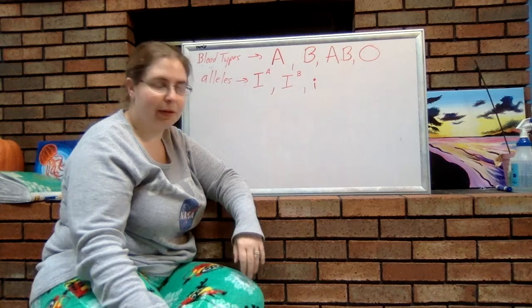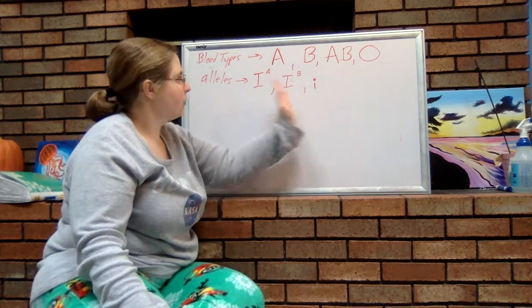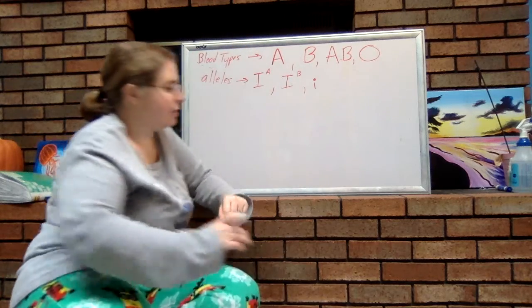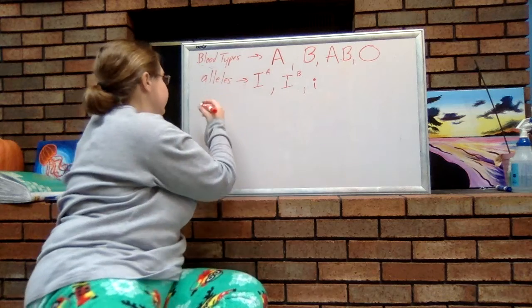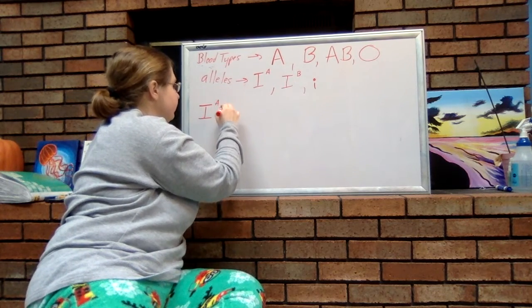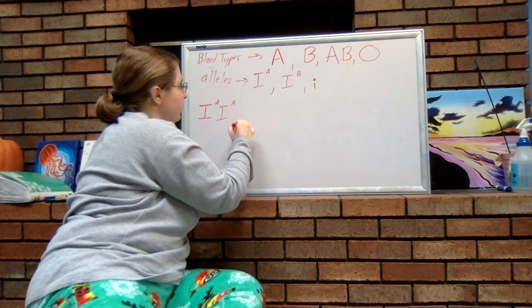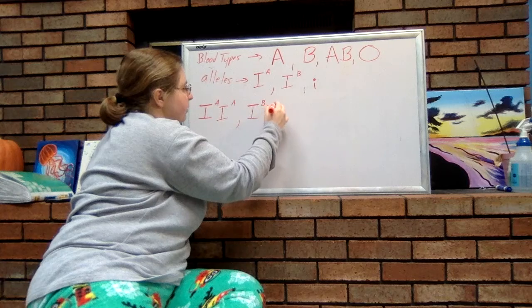Now, I know I say now a lot. I've noticed that. Let's look at the different possible combinations of these alleles. So the different genotypes we can have in a population. We can be homozygous for the A allele. We can be homozygous for the B allele.